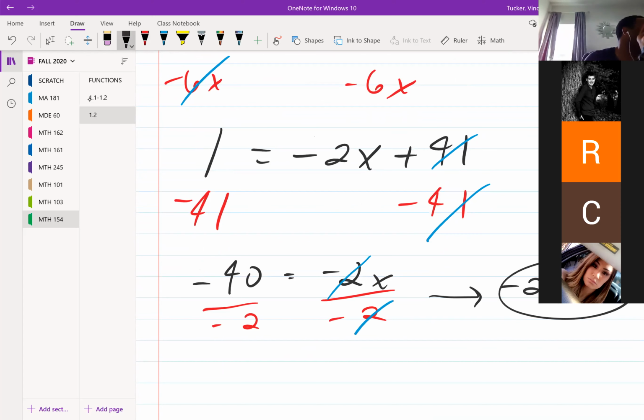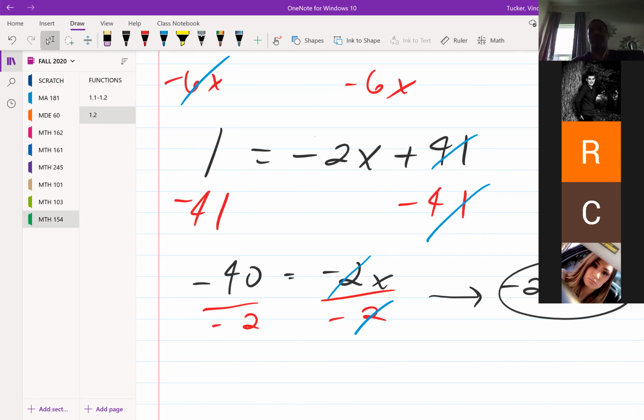Questions on solving? Question: when we got to 1 equals negative 2x plus 41, we then subtracted 41 from both sides for the 1. How come we didn't do the 2x? Is it because it has the variable with it?